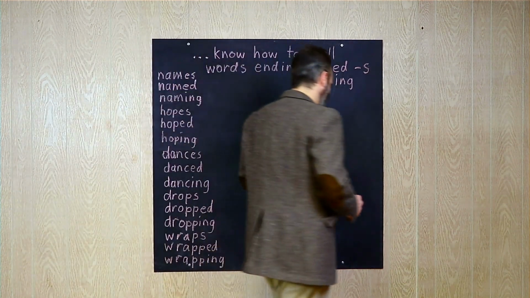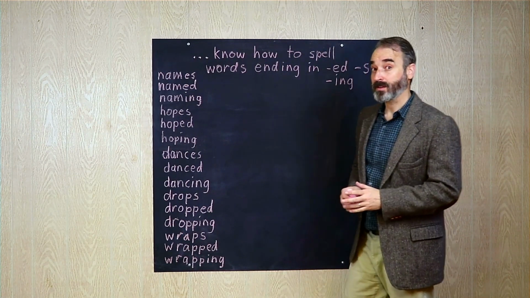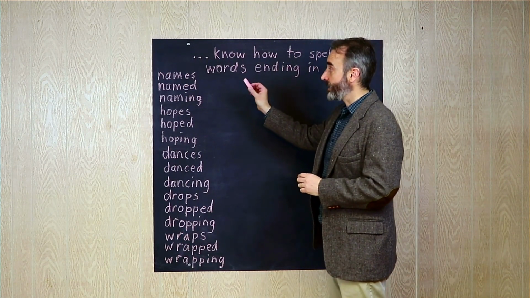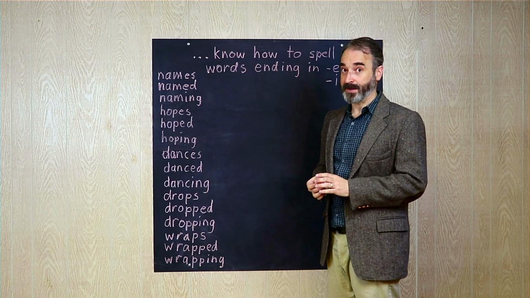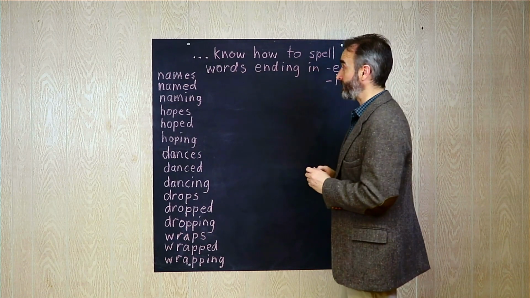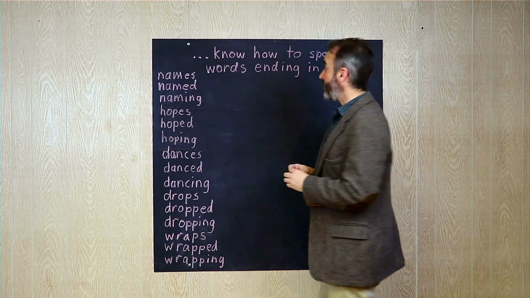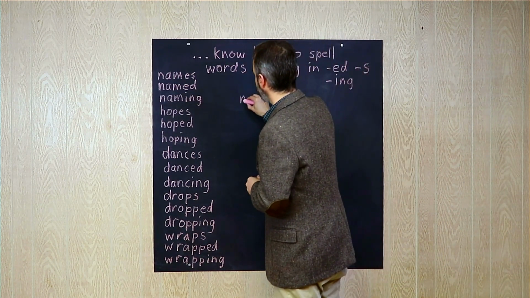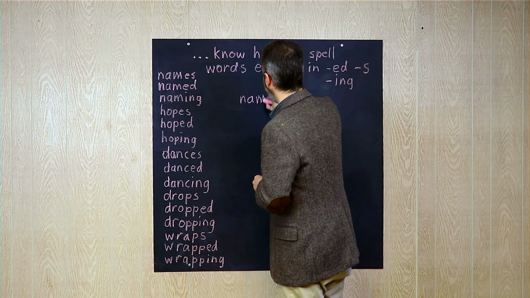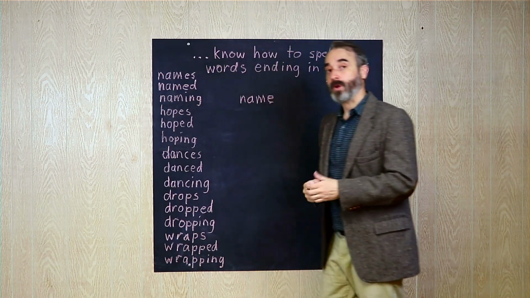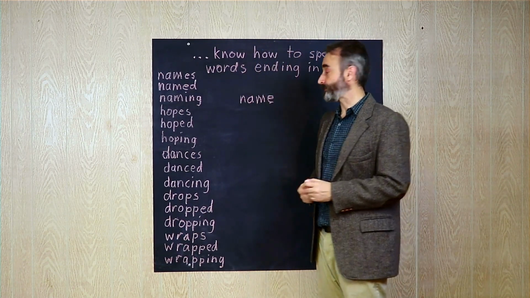So there's a trick when you're trying to spell words with s, ed, and ing at the end. I'll show you the trick now. Let's take apart this original word, which is name. My name is Mr. Eggington.